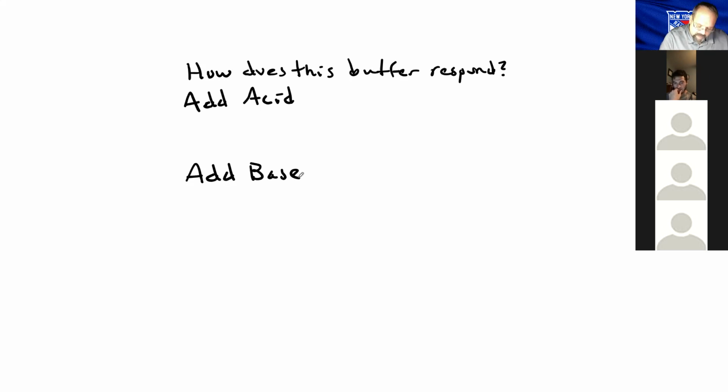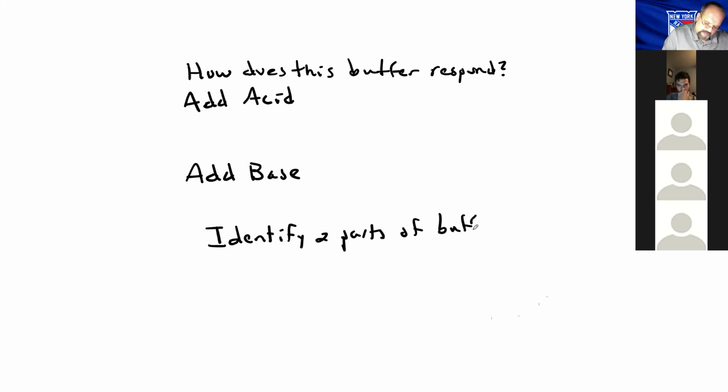So what we want you to do here, more than anything else, is we want you to be specific. And in order to be specific, we've got to identify the two parts of the buffer in terms of the acid part and the base part.